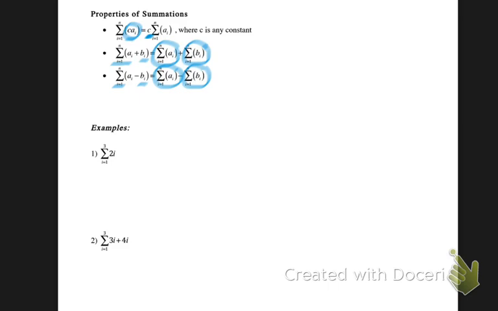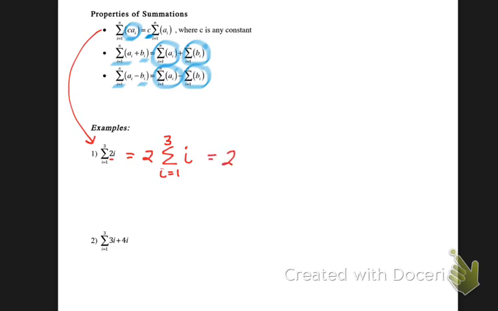So let's look at example 1. This is going to reflect the first property, that 2 is a constant. So we are allowed to pull the 2 out in front of the sigma, and we would just be left with i after the sigma notation. So in this case, it just allows our summation work to be a little easier.